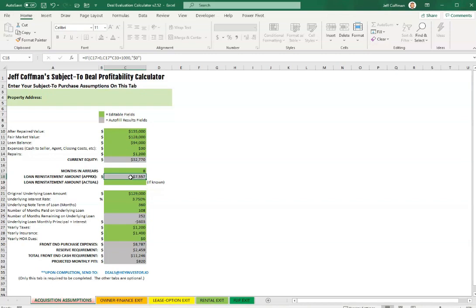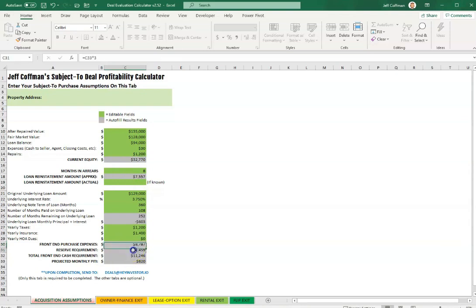So now that we have this information filled in, we can see that our front-end purchase expenses are $8,787, which includes our arrearages here, the $7,557 plus the $1,200 plus the $300. So this is our total upfront expenses.